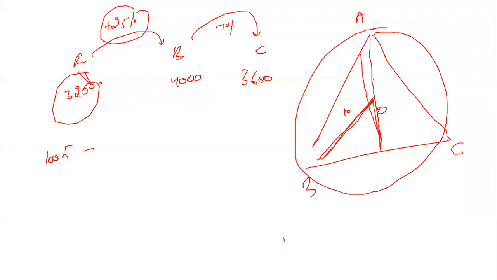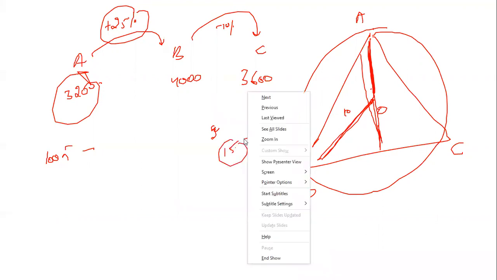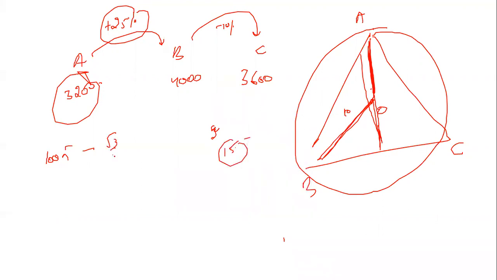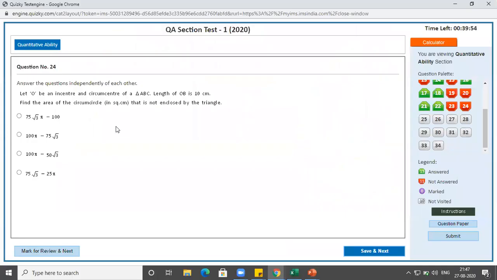That means this is 10. This is 2/3 of my height in an equilateral triangle, right? So 10 is 2/3 of my height. That means 3/3 or 1 of the height would be 15, right? And area would be √3/4 into a square, 15 to 25, something like that.